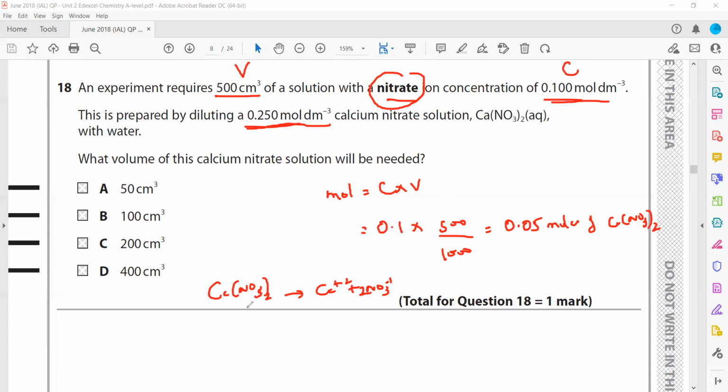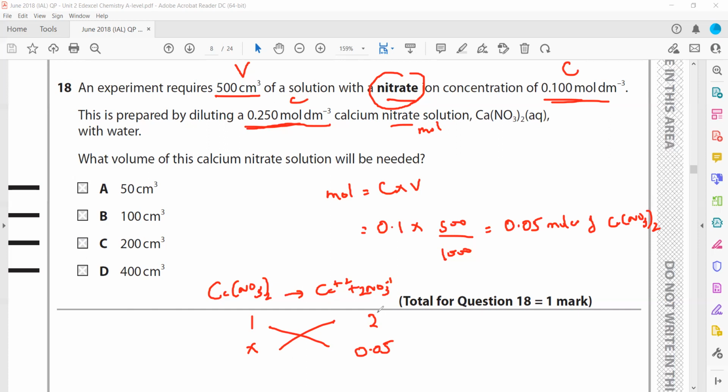So the ratio of the moles for calcium nitrate to nitrate ion is 1:2. If we have 1 mole of calcium nitrate, it will have 2 moles of nitrate ion. So if we have 0.05 moles, how many moles of calcium nitrate will be there? X. Cross multiply. Because we have the concentration of the solution, we will find the moles of calcium nitrate, and using the moles of calcium nitrate, we can find the volume of the solution.